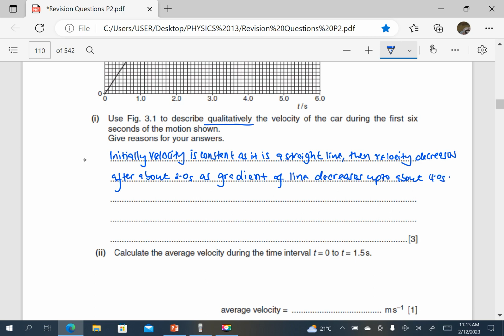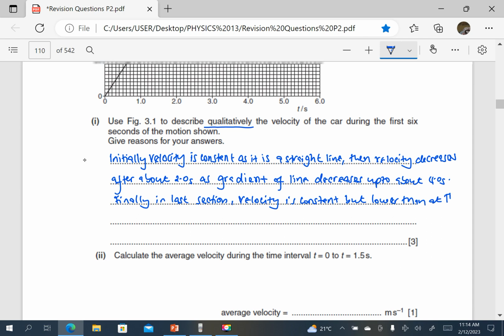Finally, in the last section, the velocity is constant, but it is going to have a lower value than at the start.